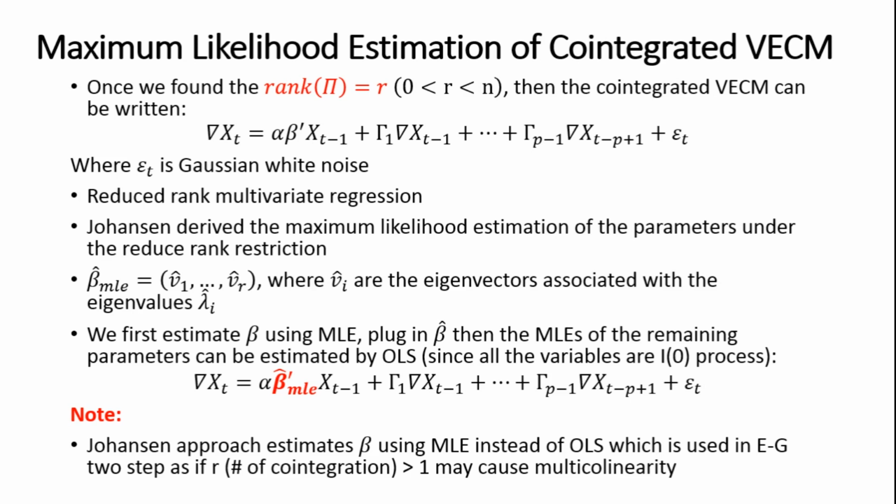So we have the relationship that is given below. So we can note that the Johansen approach estimates beta using MLE instead of ordinary least squares, which is used in Engle and Granger's two-step method, as if r is superior to 1 it may cause multicollinearity.